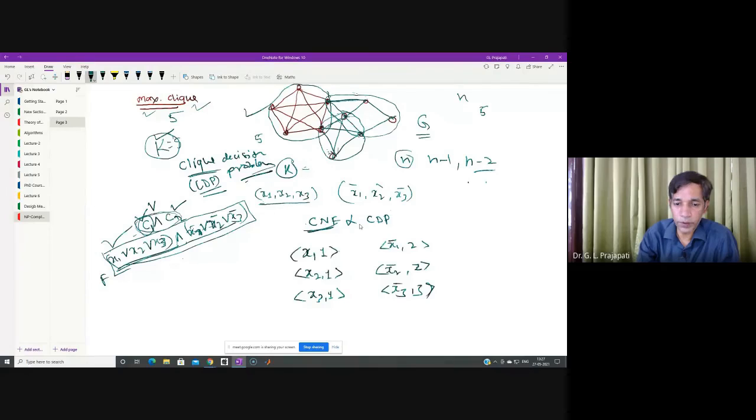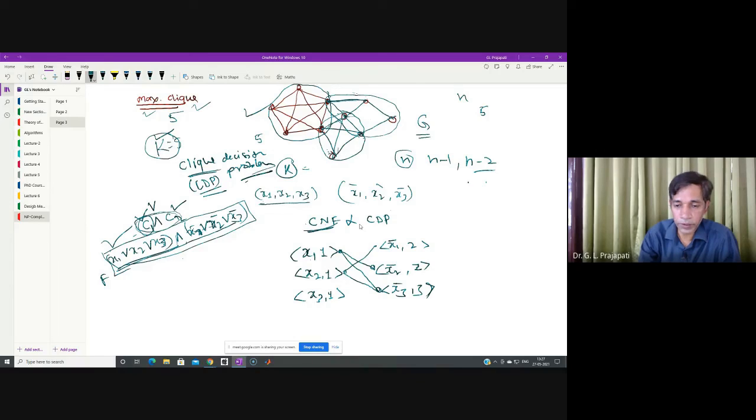Now for defining the edges, you cannot define an edge between a literal and its complement, x1 and x1 complement. You can go for the edge like this. You can go for the edge like this. x2 and x2 bar, you cannot have an edge, but you can have an edge from here to here.